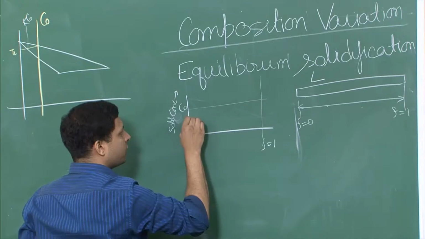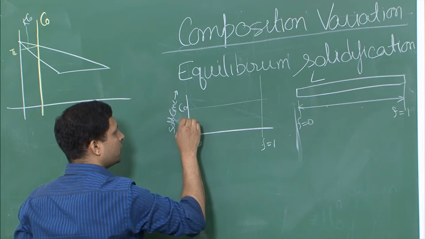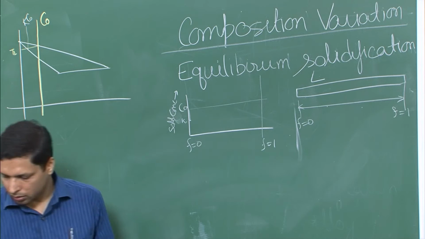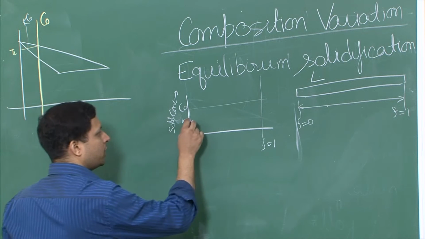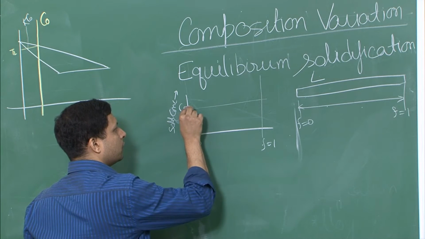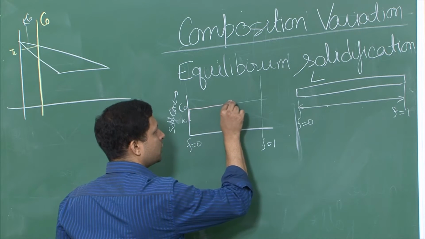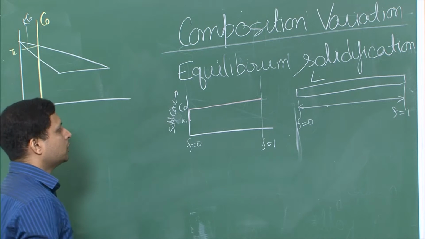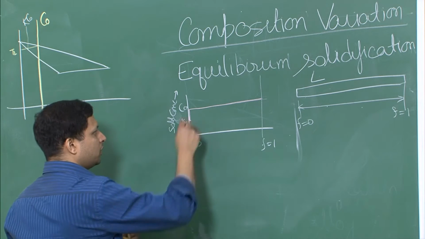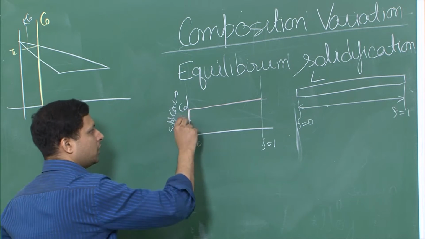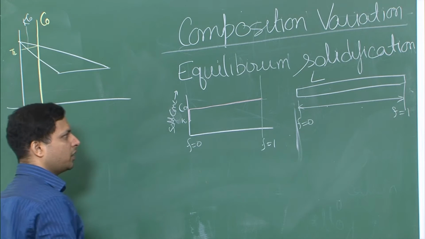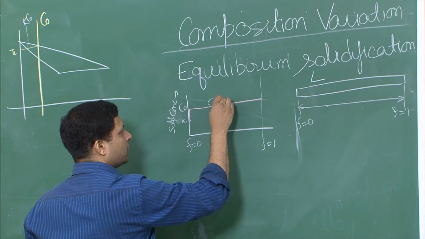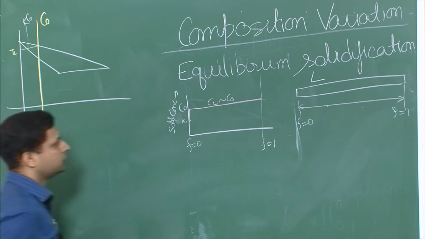So, this is the first solid that forms, Kc naught, but it is only at a very small length over here, and the rest of it is still liquid. So, this part is the solid, a very thin region, and the rest of it is approximately equal to liquid. So, we will say this is Cl is approximately equal to C naught.